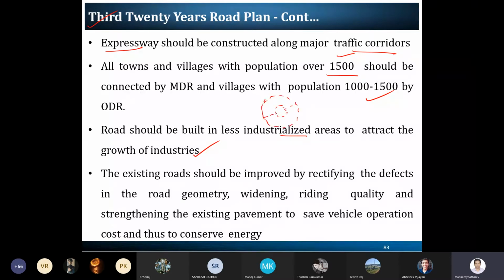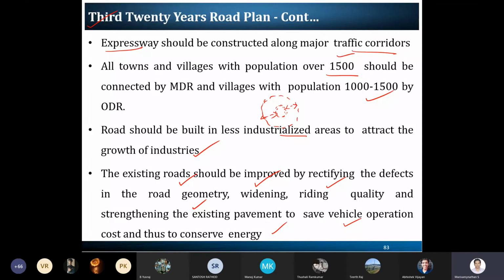So considering that future expansion, they planned how less industrialized areas can be considered for the development of roads as well as industry. Mainly they consider road geometrics, how to maintain them, future widening, how to increase riding quality, how to strengthen pavement conditions, how to reduce vehicle operation cost, as well as conserve energy. All together, they gave more focus to these in the third 20-year plan.